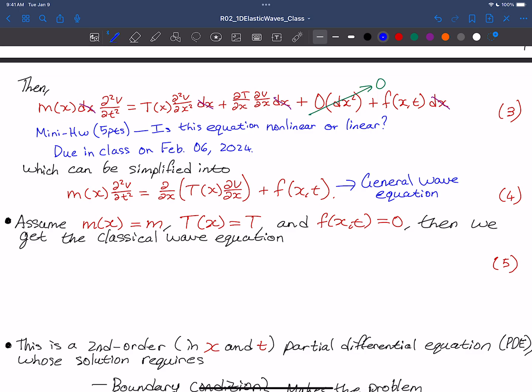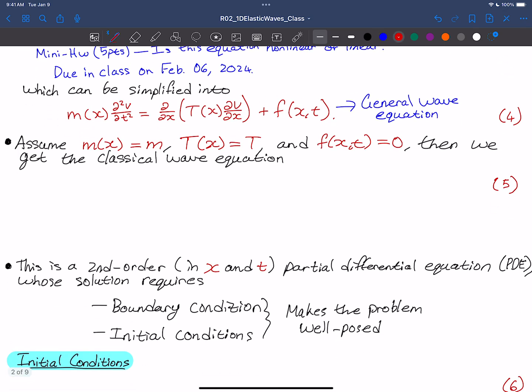If we assume then that m of x is a constant m and t of x, the tension, is a constant big T, and there's no external forcing, then we arrive at the following.